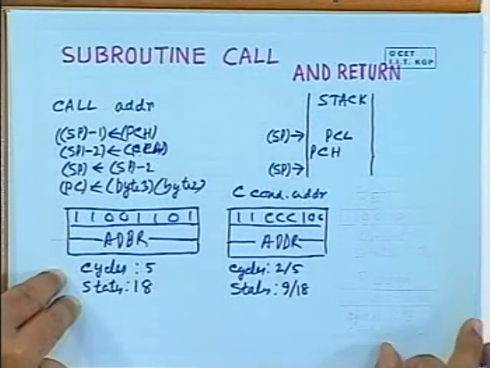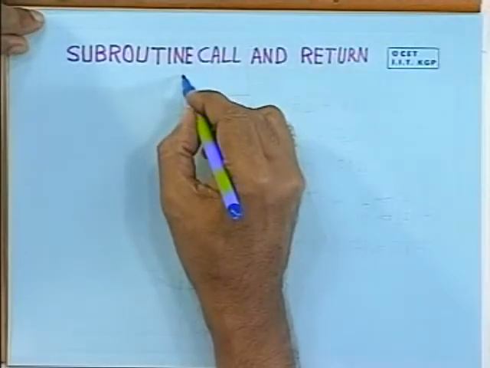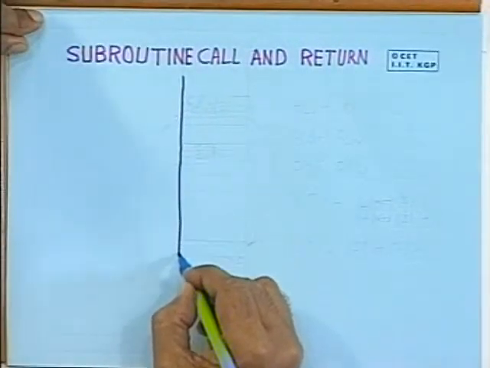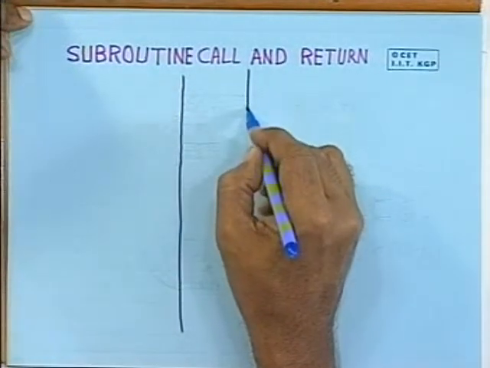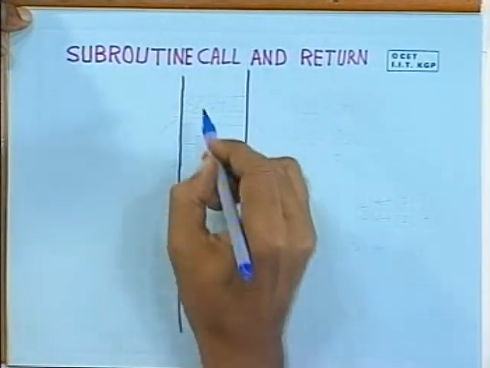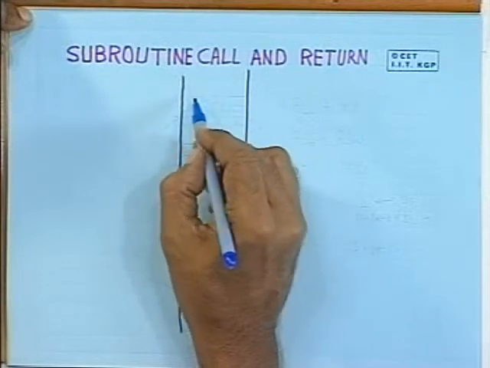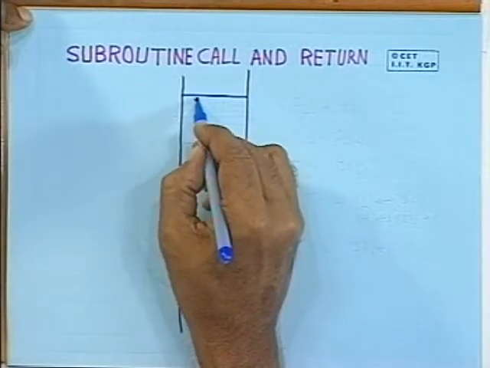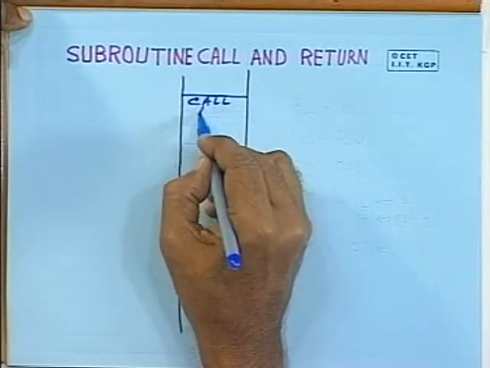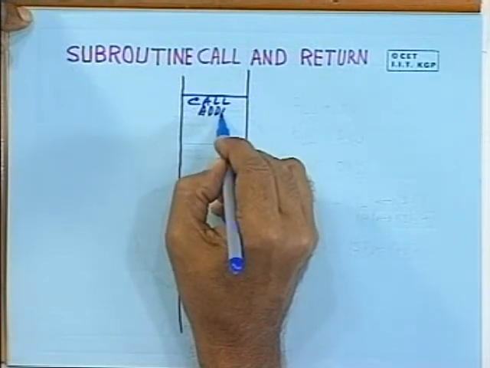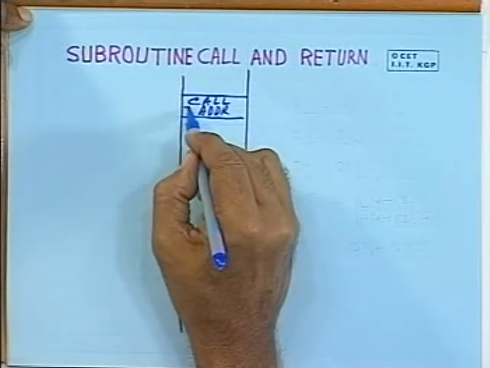Now the way it happens is like this. Suppose this is the program, and in your program somewhere here you have this CALL ADDR. This is the subroutine call instruction.